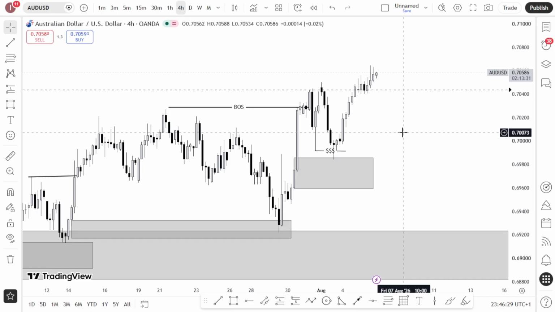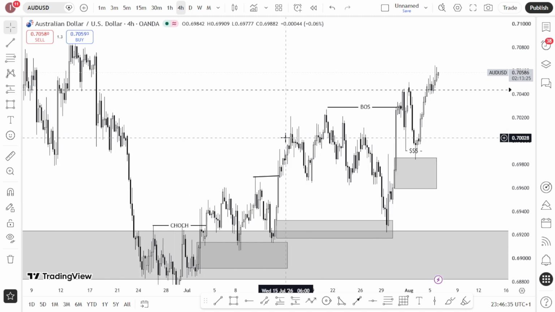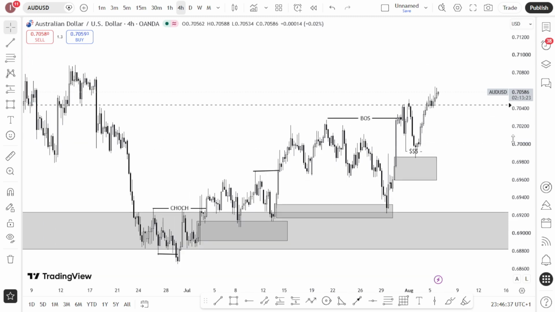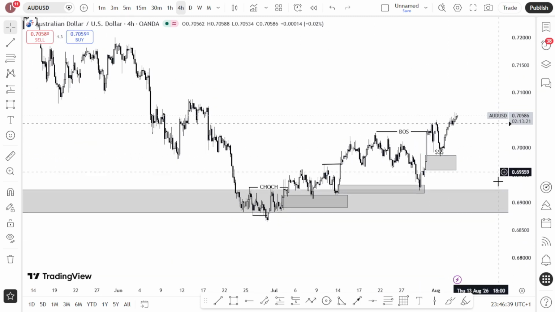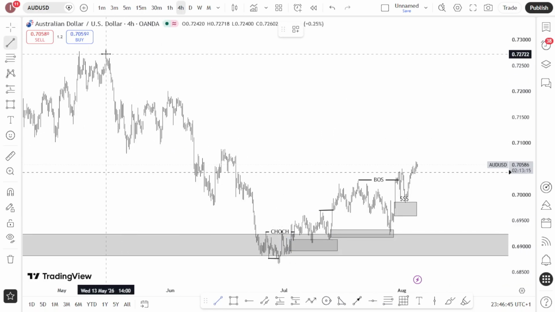So I executed my entry on the 4-hour time frame, being that it's going to be a swing trade. So this was another confirmation that gave me a very strong confidence.